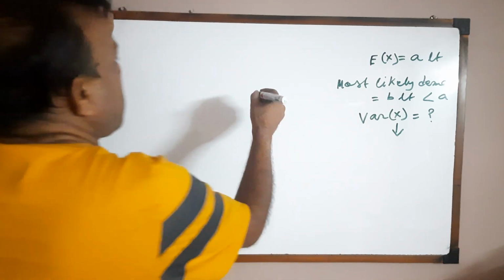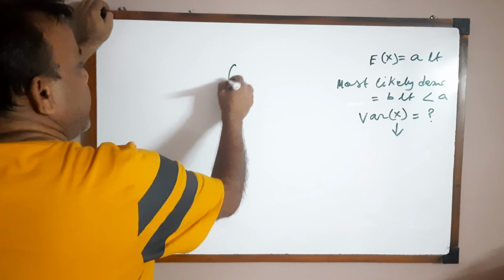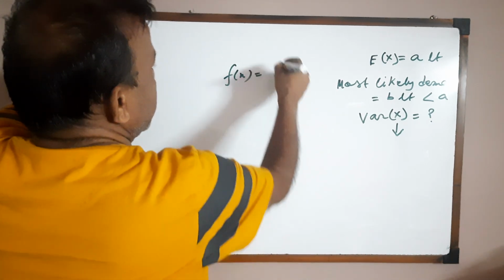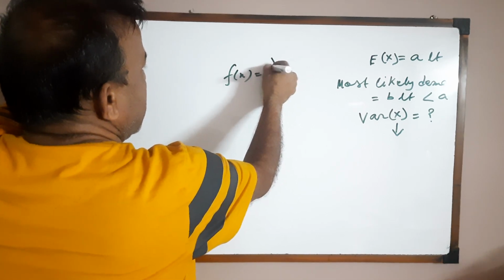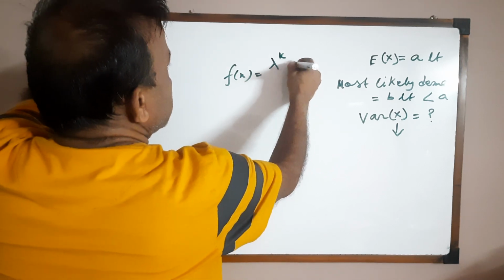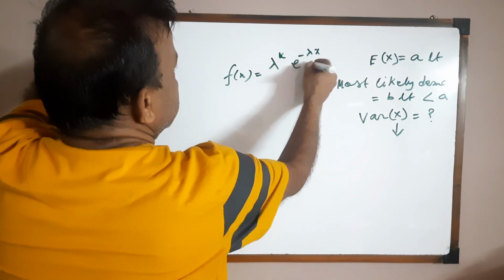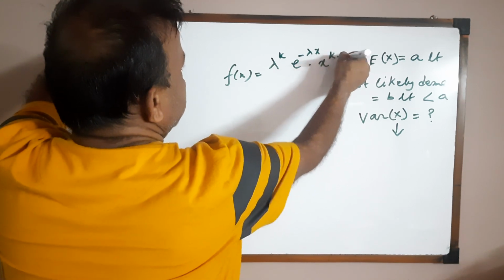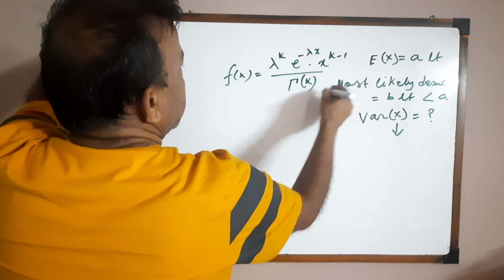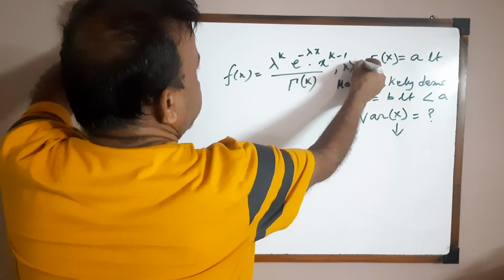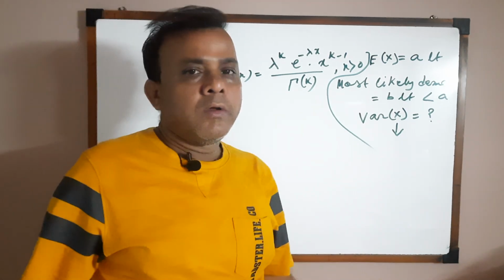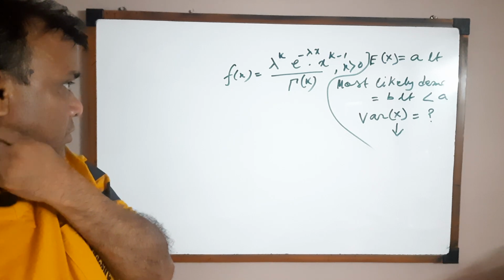As we know, the PDF of Erlang distribution f(x) equals lambda to the power k, e to the power minus lambda x, x to the power k minus 1, over gamma k, where x is greater than 0, otherwise 0.